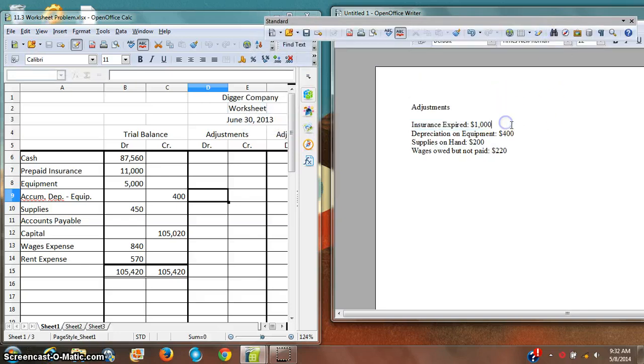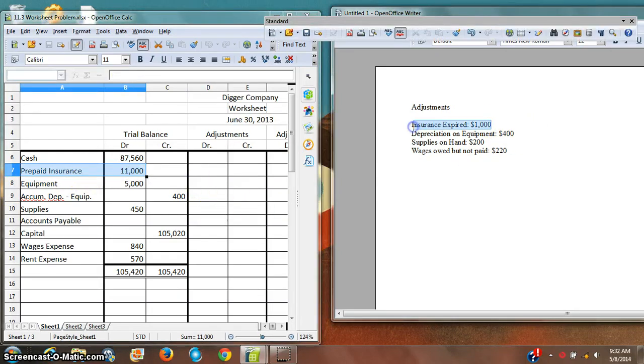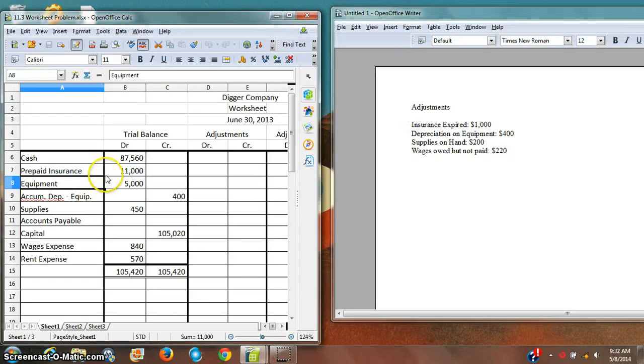The first adjustment here is insurance expired. Notice here I've got insurance expired as an adjustment, and I've got prepaid insurance here. What this insurance expired means is that at the beginning of a period, I bought a bunch of prepaid insurance.